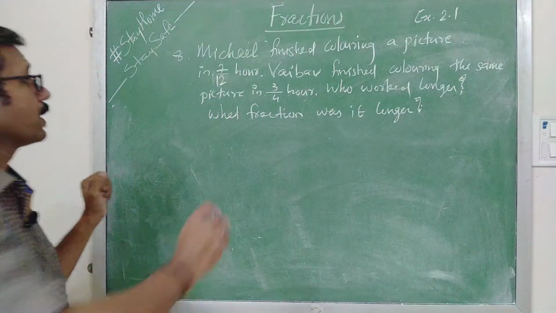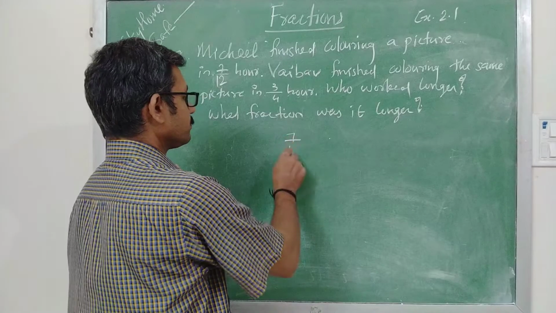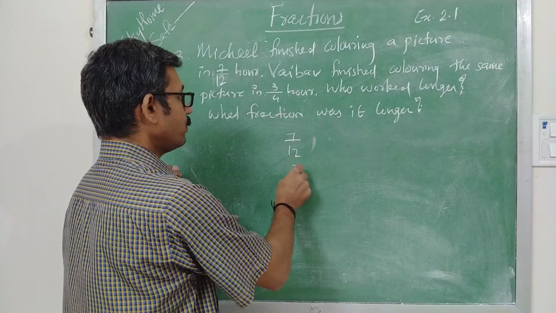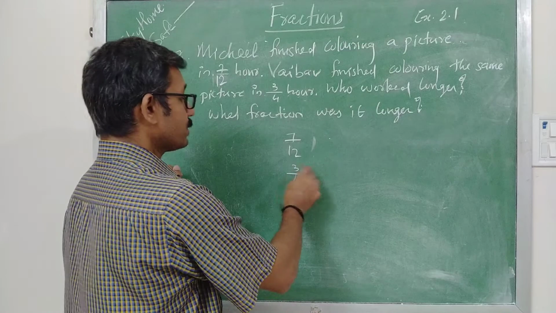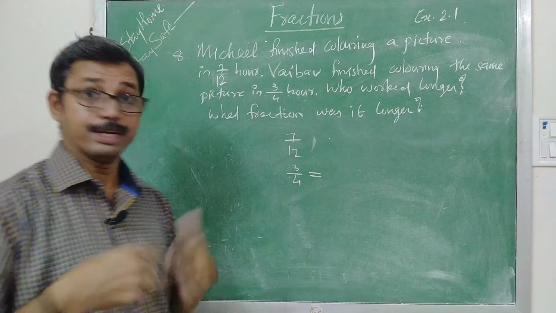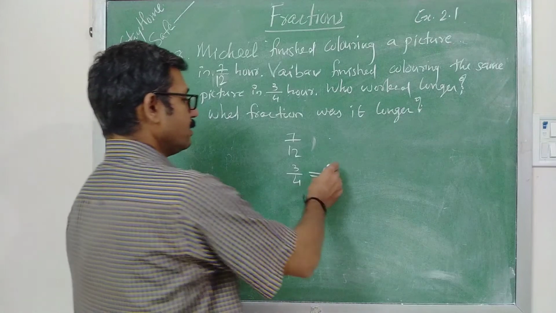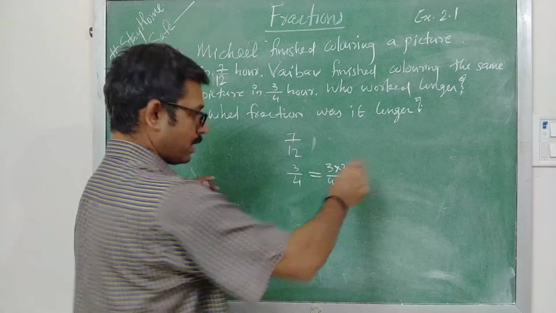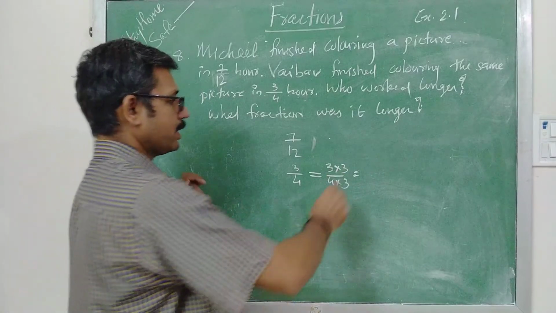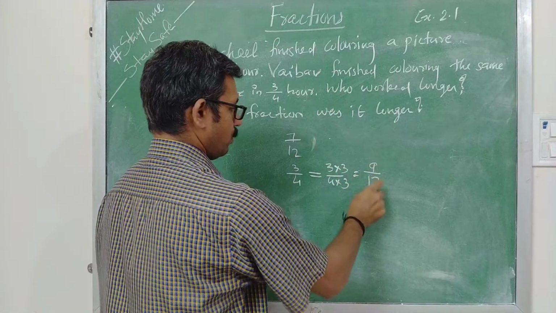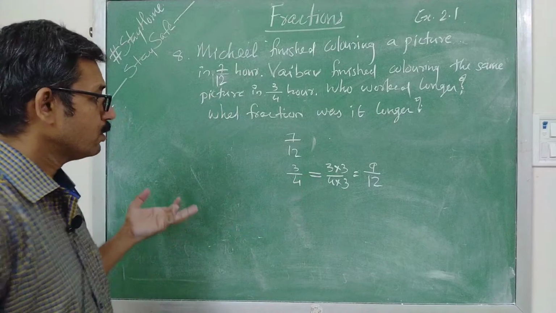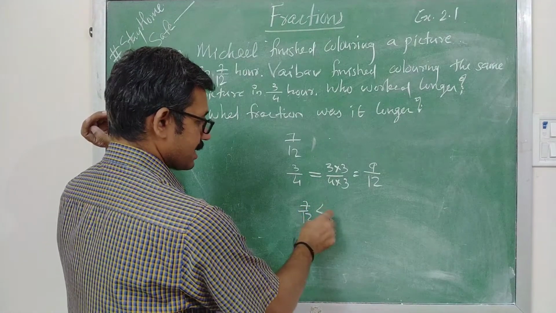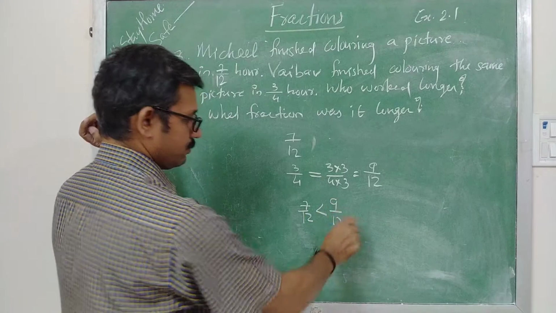Now you can say one is 7/12 and the other is 3/4. Sure. Now 3/4 we can convert into an equivalent fraction: 3 into 3, 4 into 3, so that we convert into 12. So it will become 9/12. Now look, what can we say? 7/12 is less than 9/12.